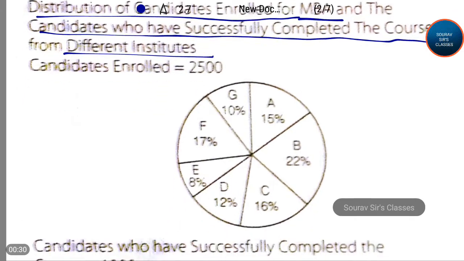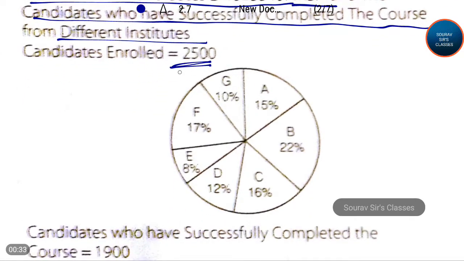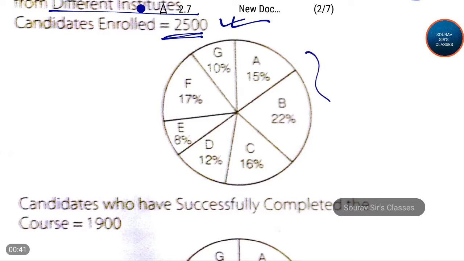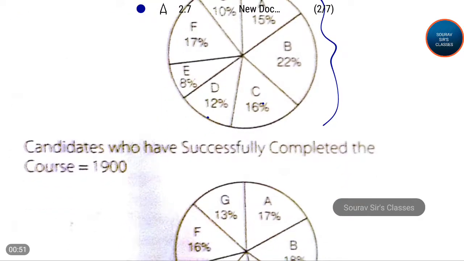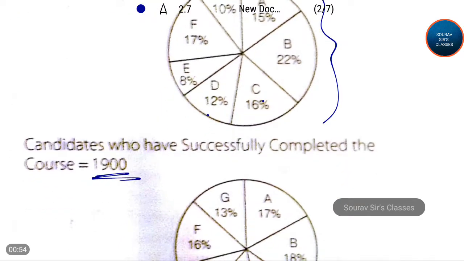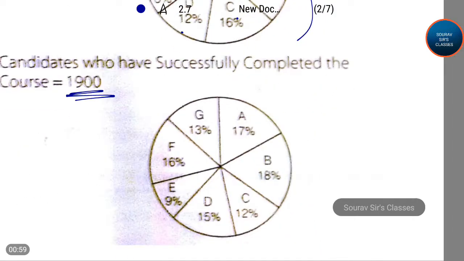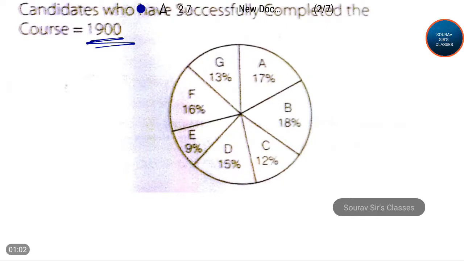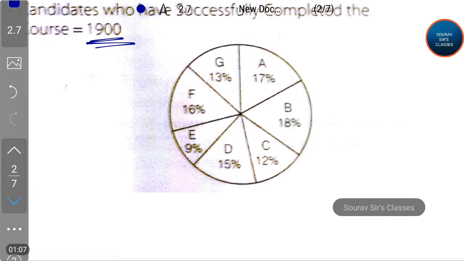The total number of candidates who enrolled for MBA is 2,500, and the different institutions are denoted as A, B, C, D, E, F, and G, and the percentages are given. The number of candidates who have successfully completed the course is 1,900, and the percentages of different institutions are also given in this pie chart. Now, let's go to the questions.